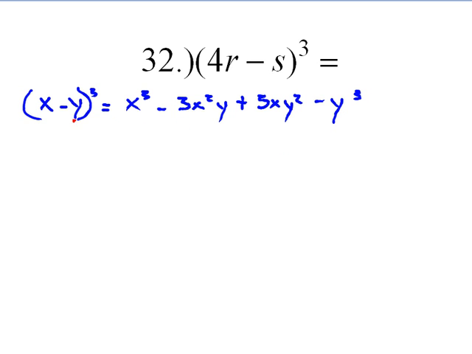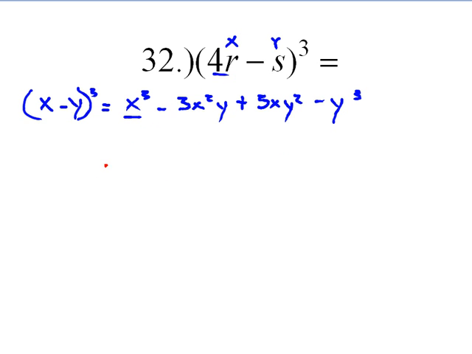Now our x and y in this case are an r and an s. So that's our x and that's our y. Alright, so we have to take the first term cubed.